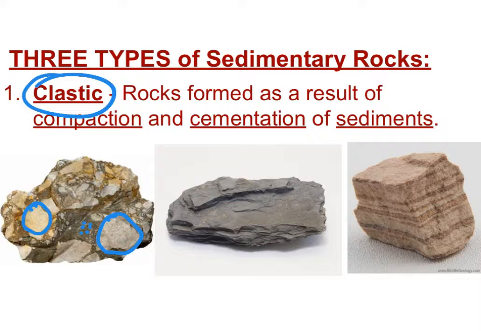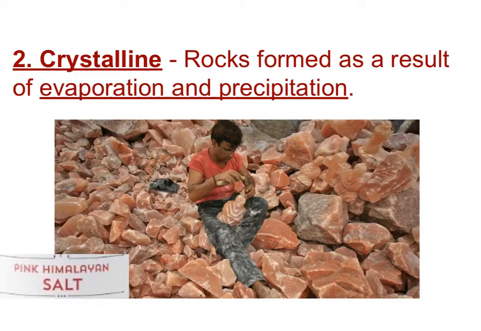And those tiny particles become the cement or the glue that hold these bigger rock fragments, or clasts, sometimes they're called, holding them together. The one on the right-hand side is actually a sandstone, and it's made up of sand particles. And you can see some of the sand particles have formed different layers, only because they're different colors of sand, and that's why you see these different layers of sediments.